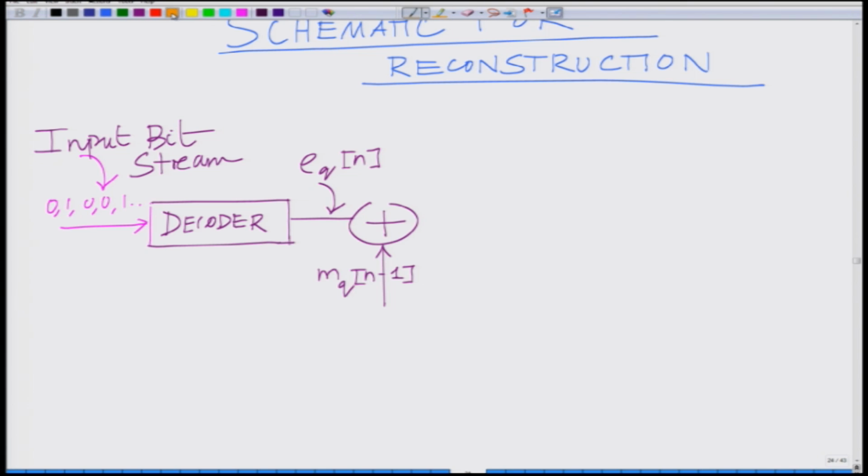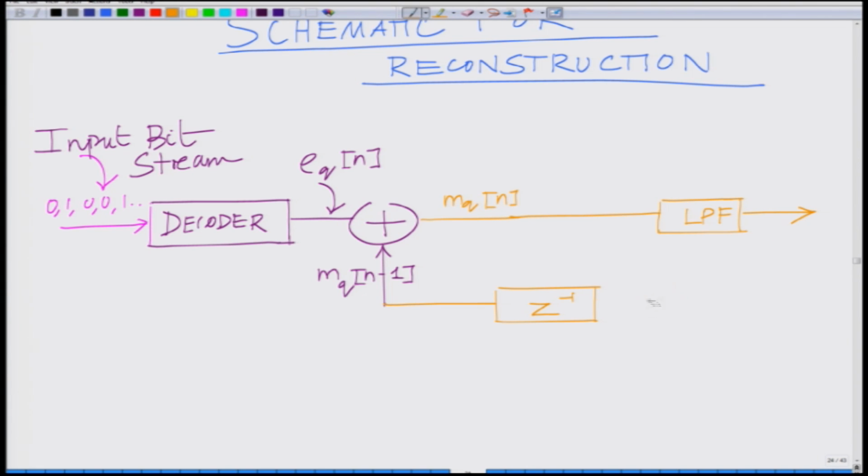That gives you MQ of n, the reconstructed signal at time instant n. Now, that is passed through your low pass filter to obtain the smooth signal.